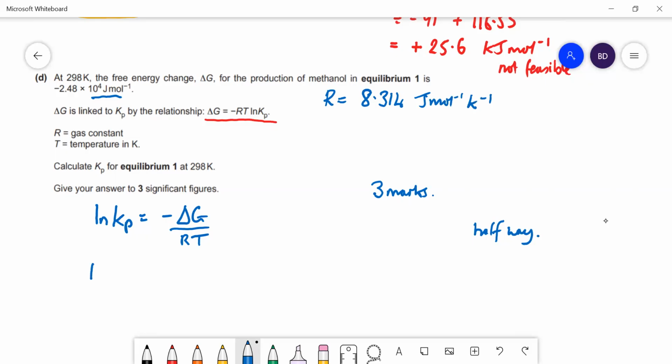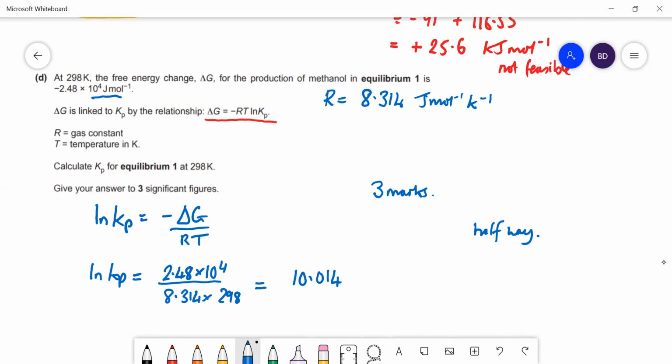So ln Kp is equal to, right, minus, so it makes that positive, 2.48 times 10 to the 4 over 8.314 multiplied by the temperature, which is 298. That gives us a value of 10.014.